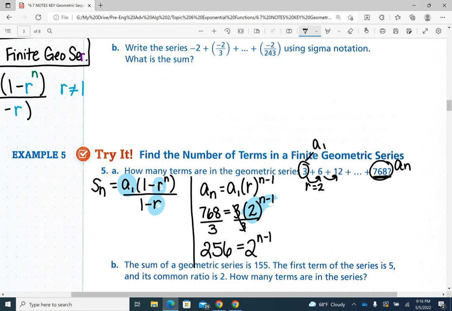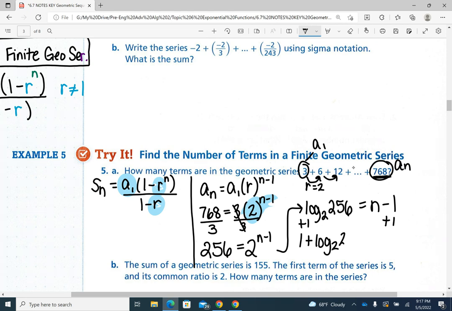I'm solving for n, so what I can do is rewrite this in log form. I can say this is log base 2 of 256 equals n minus 1. To get the n by itself, I can add 1 to both sides. So if I add 1 here, add 1 there, I have 1 plus log base 2 of 256 equals n.